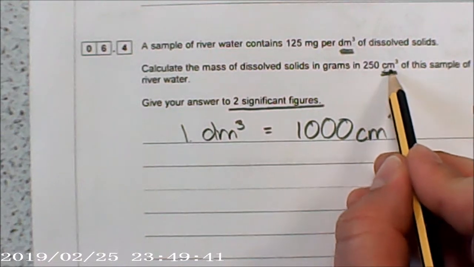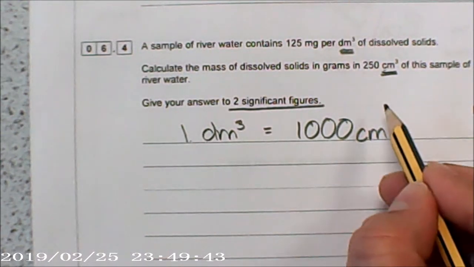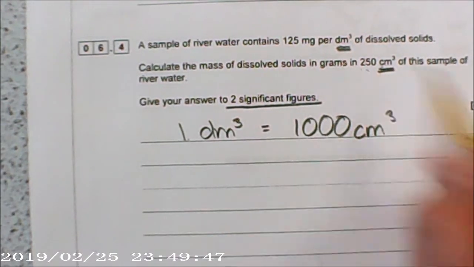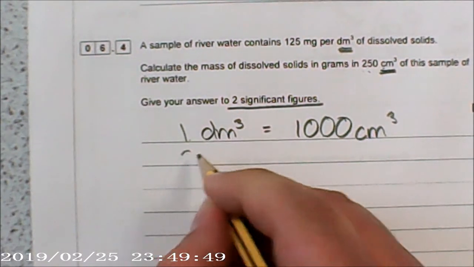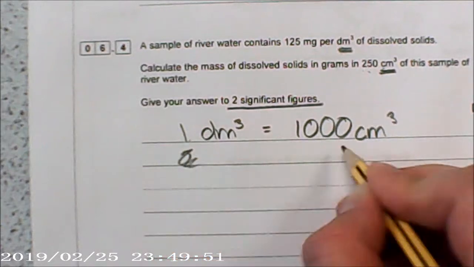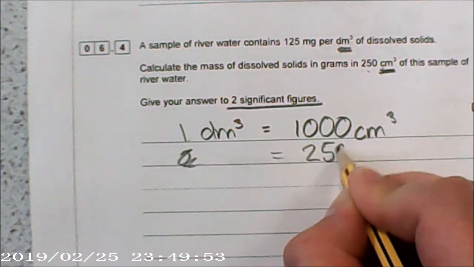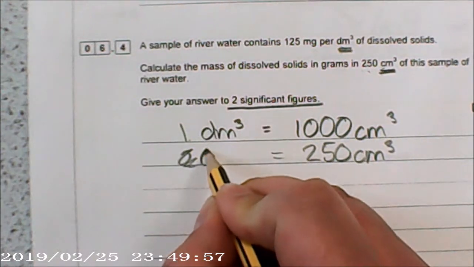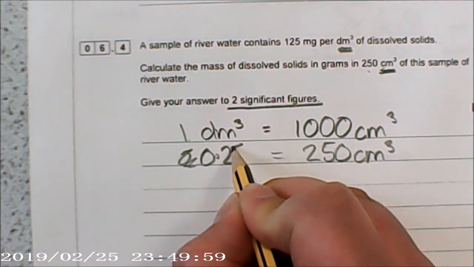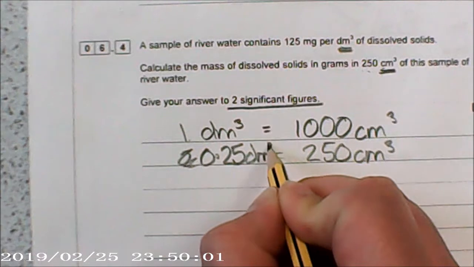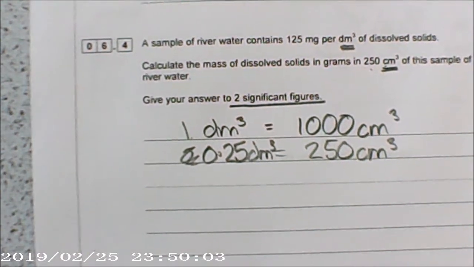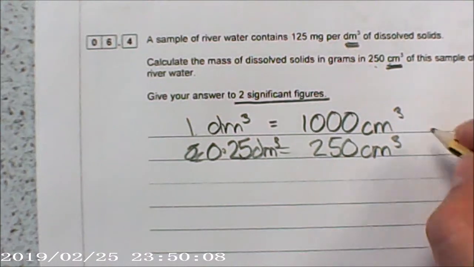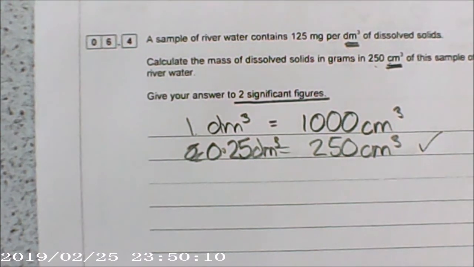So 250 centimeters cubed would be, if you divide that by 1,000, so 250 centimeters cubed divided by 1,000 is 0.25 decimeters cubed, or a quarter of a decimeter cubed. Now if you have got that conversion, that is worth a mark.